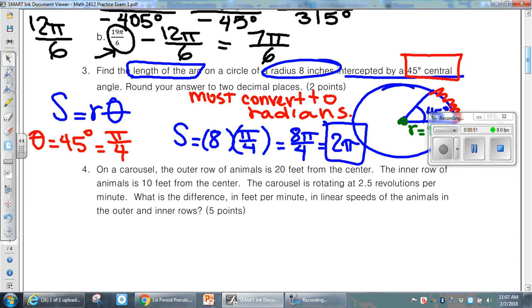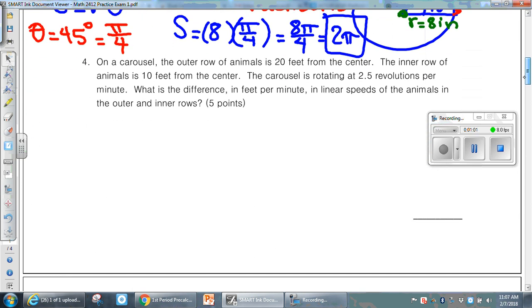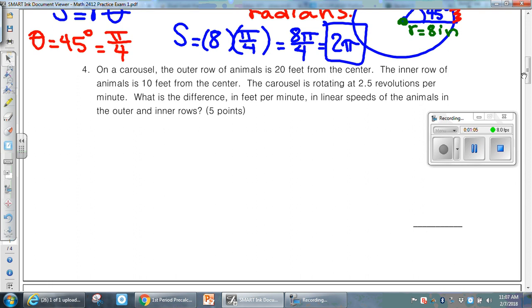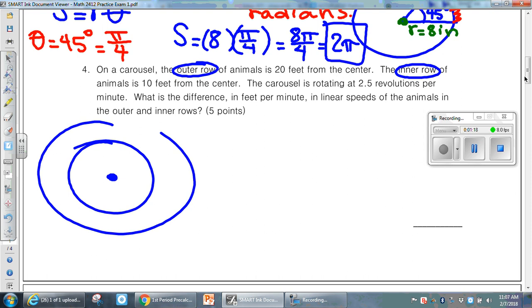We start with a carousel, just like you guys have. The outer row of animals is 20 feet from the center. So I'm going to start by drawing the situation. We also have an outer row and an inner row, so the inner row is closer to the center. Let's say the center is here, and then we have 1 circle, 2 circles.